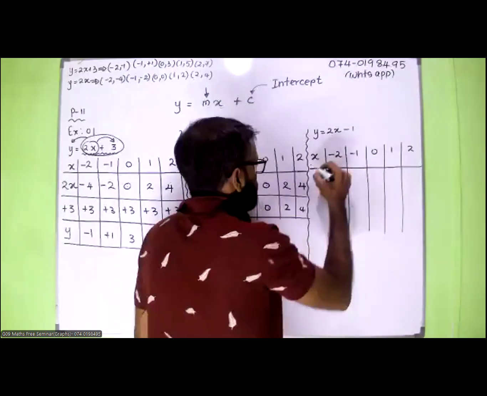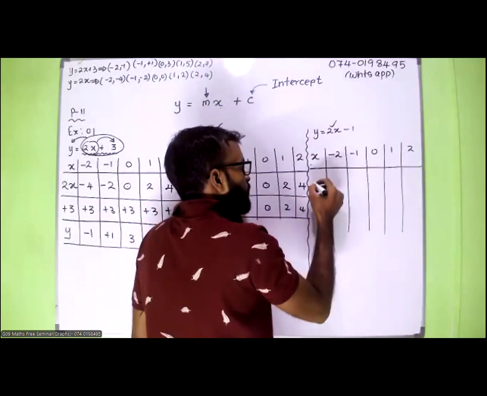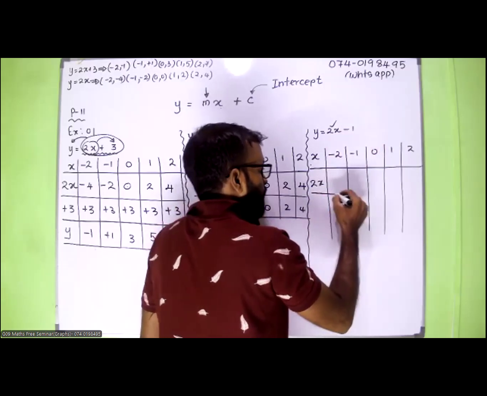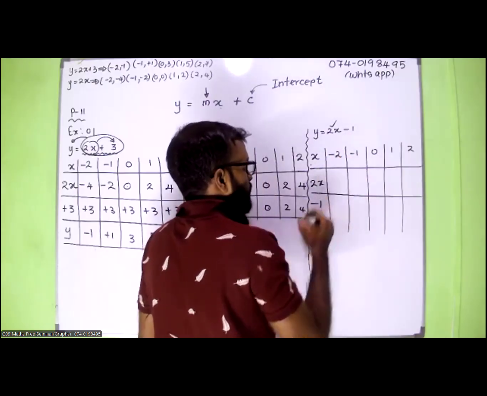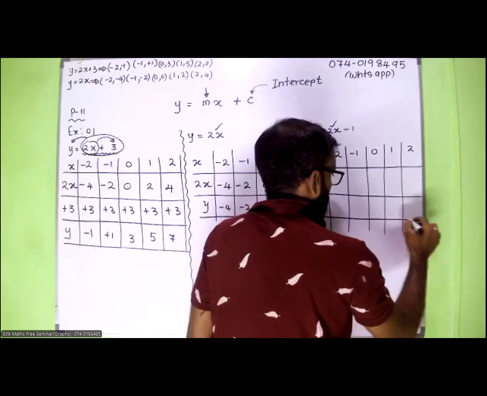Here this term 2x should be added, and also this term, and we are going to subtract 1 from that 2x. Then I can obtain y, the final answer.